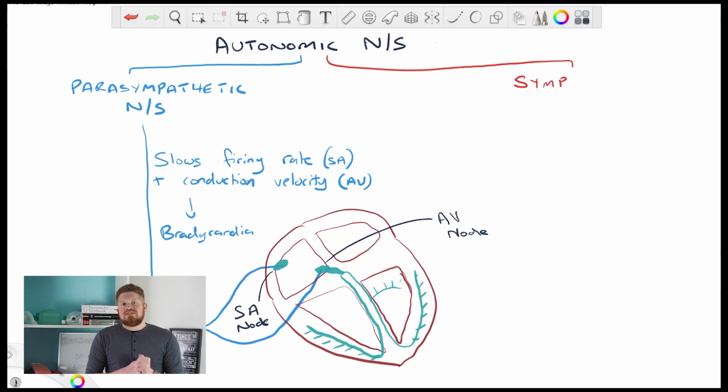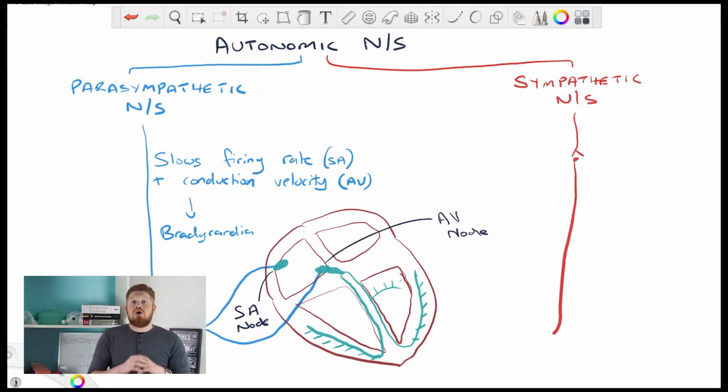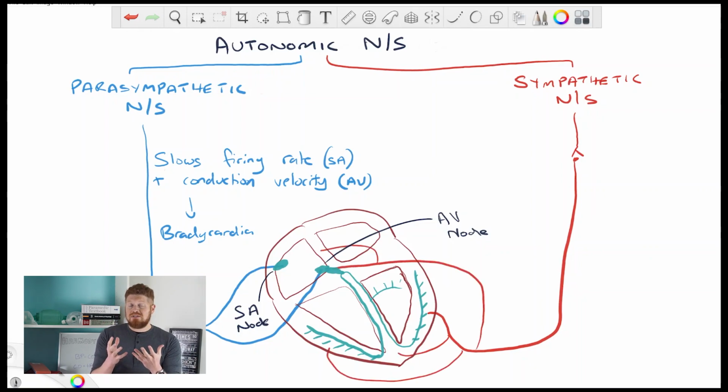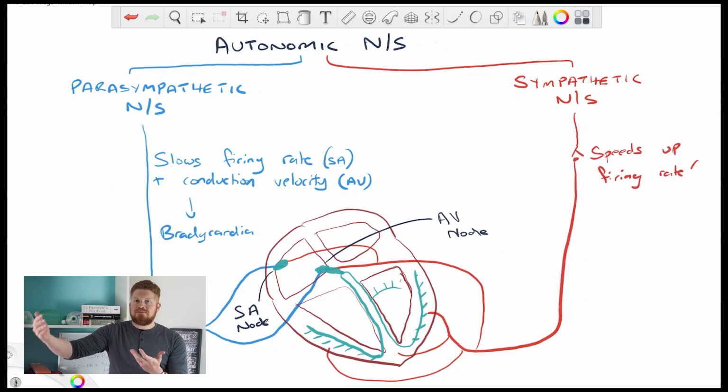The sympathetic nervous system, while it does innervate the myocardium, also innervates the SA and AV nodes. So when the sympathetic nervous system is stimulated, we'll have an increase in heart rate and it'll get us past that 100 beats per minute mark.